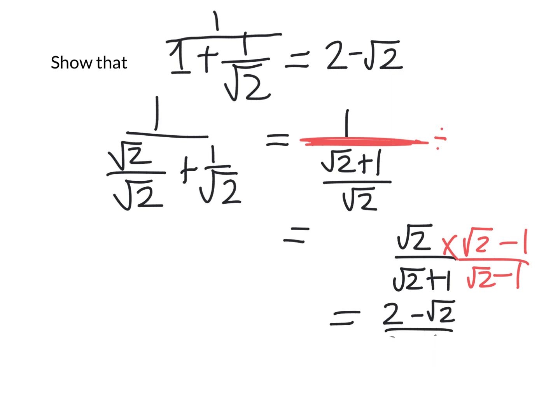I can just get rid of it. So we've shown from starting here and going all through here that 1 over 1 plus 1 on root 2 is indeed 2 minus root 2. We had to show a lot of different mathematical skills in this question. That's why it's A-level.